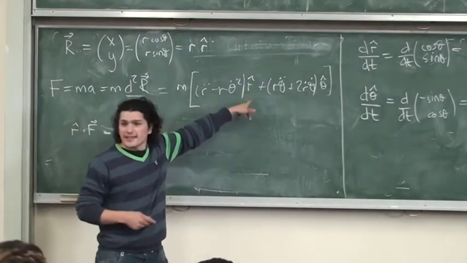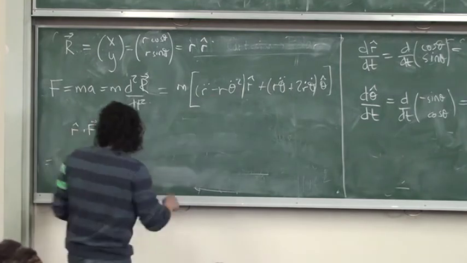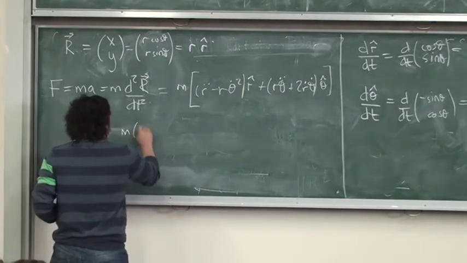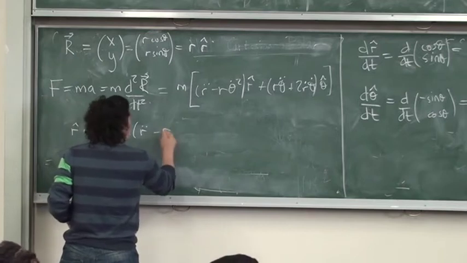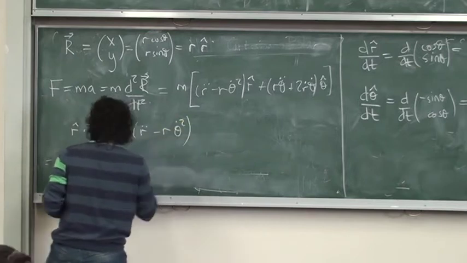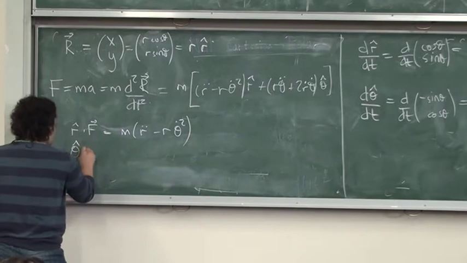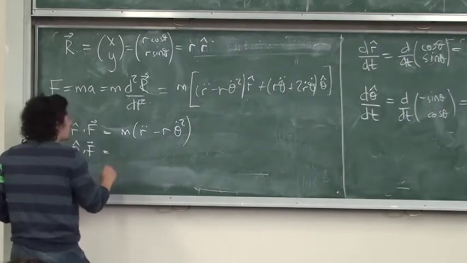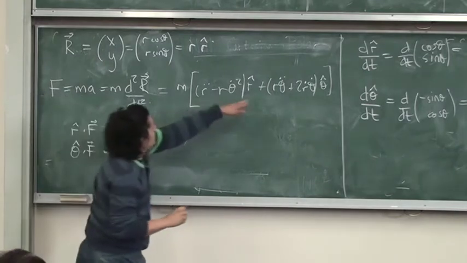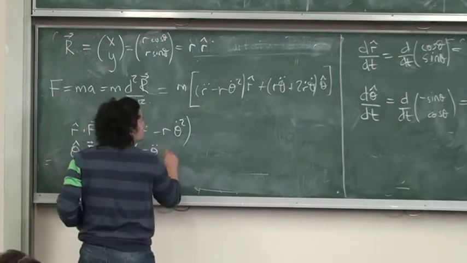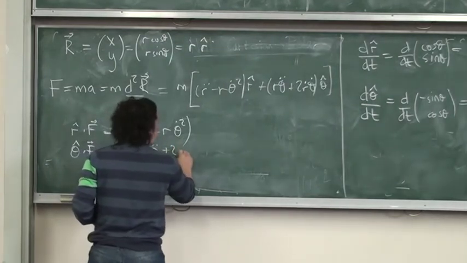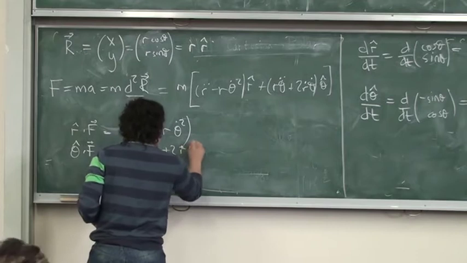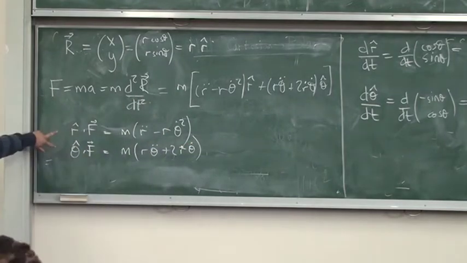This guy, r hat dot r hat is 1. So we only keep that: M times R double dot minus R theta dot squared. Theta hat dot F is equal to M, similarly, R theta double dot plus 2 R dot theta dot. That is Newton's laws in polar coordinates.